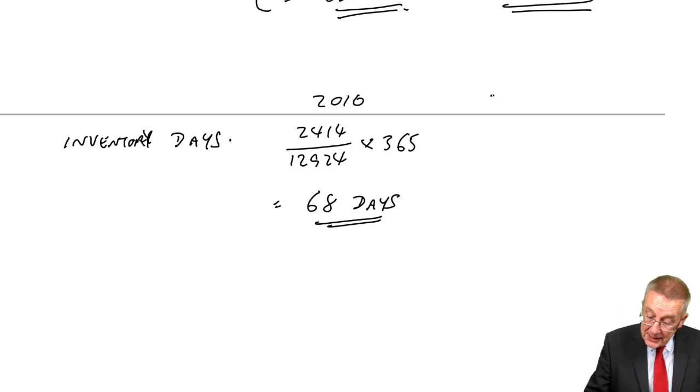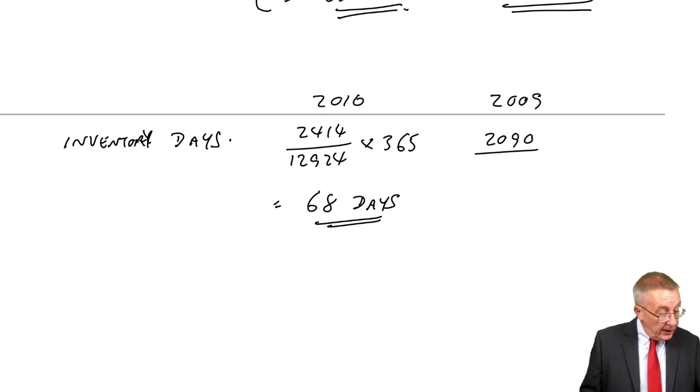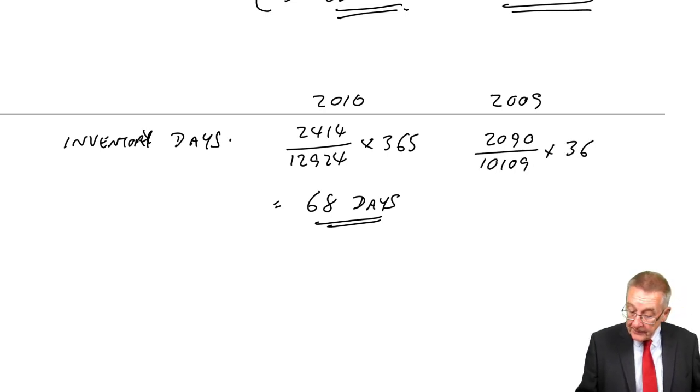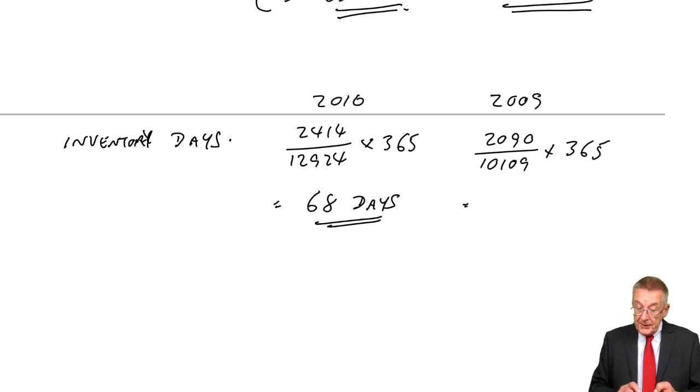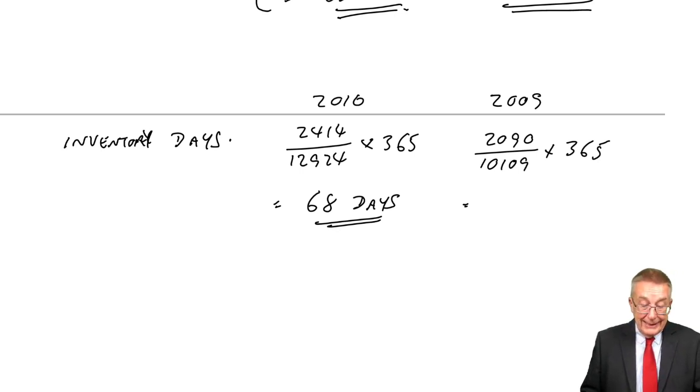Whereas in 2009, 2090 inventory, cost of sales 10,109. 2090 divided by 10,109 times 365. 75 days.